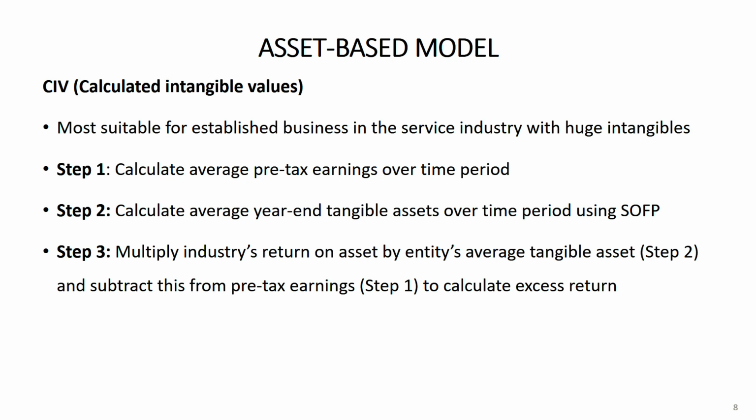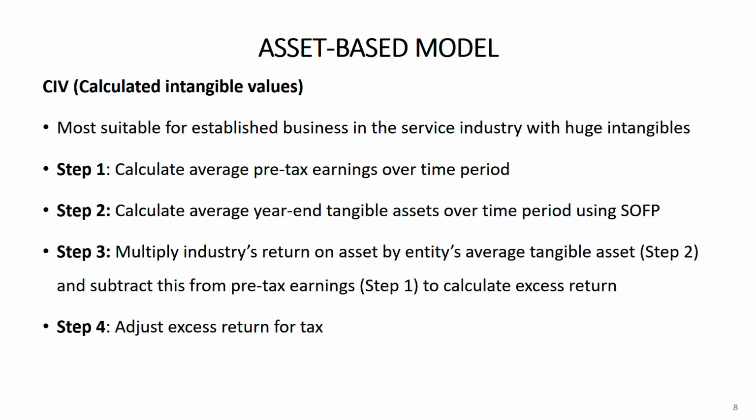You just have to take that percentage and multiply by the step 2 answer, the average tangible assets. Then subtract this figure from step 1's answer. That is, the average pre-tax earnings minus this gives you the excess return. Step 2's answer multiplied by the industry's return on assets, minus the step 1 answer, you will get the excess return.